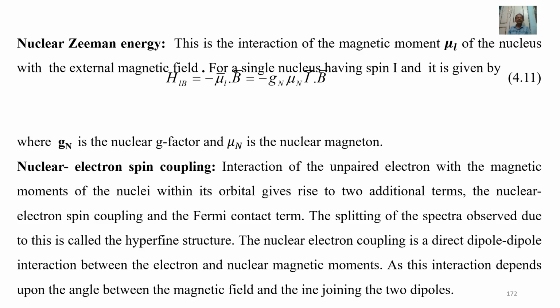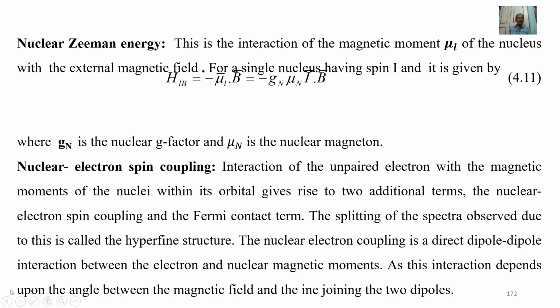This is the interaction of the magnetic moment μI of the nucleus with the external magnetic field, for a single nucleus having nuclear spin I, and it is given by HIB equals minus μI dot B, which is equal to minus gn mu n I dot B, where gn is the nuclear g factor and mu n is the nuclear magneton.